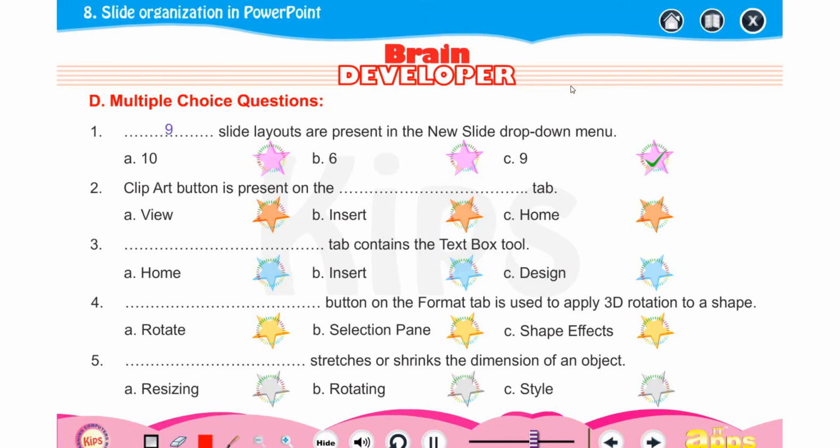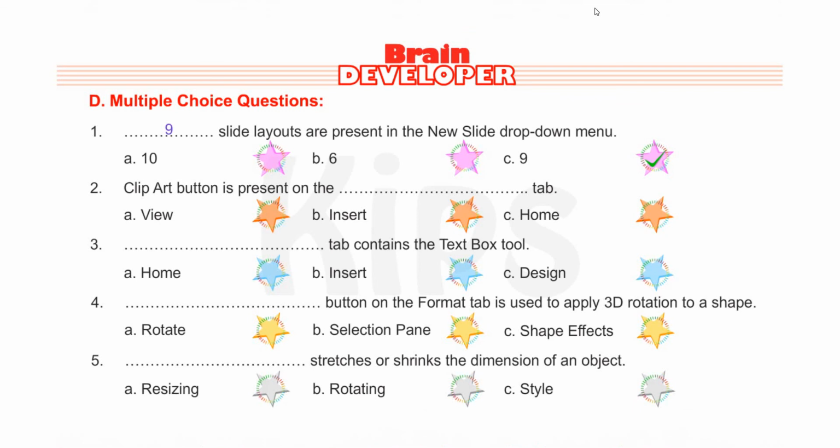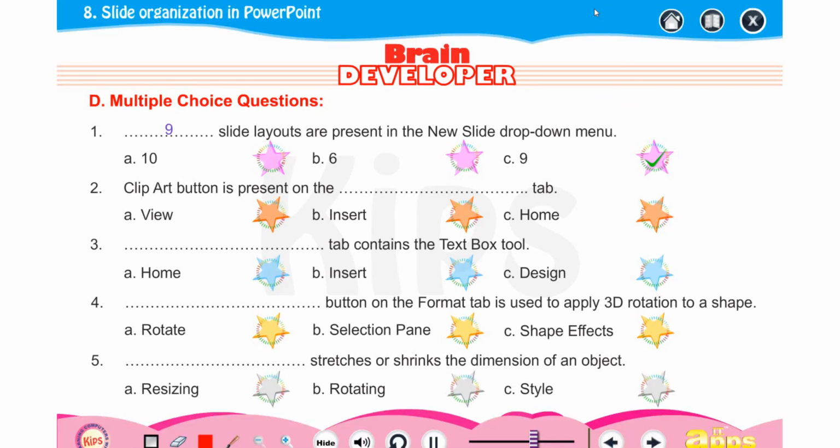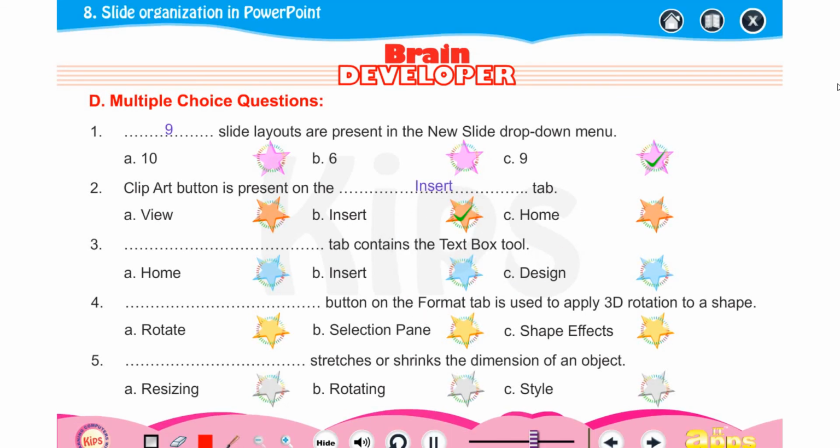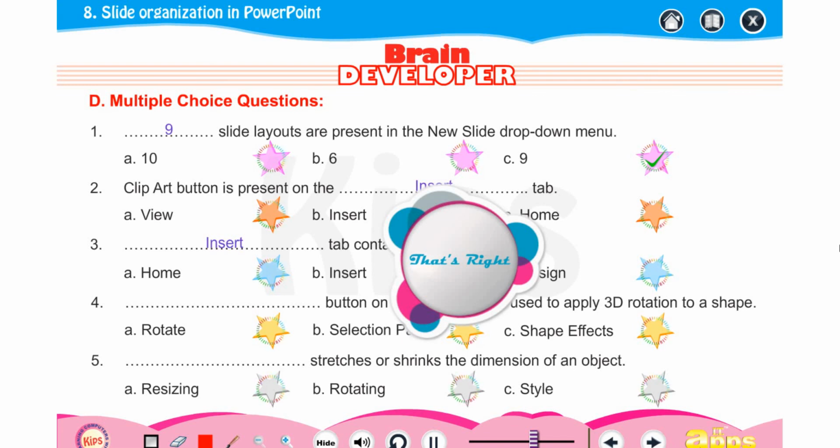In the previous practical session, we learned about the slides drop down menu. Next, clip art button is present on the dash tab. So clip art button is present in the insert tab. Next one, dash tab contains the text box tool. So insert tab contains the text box tool.